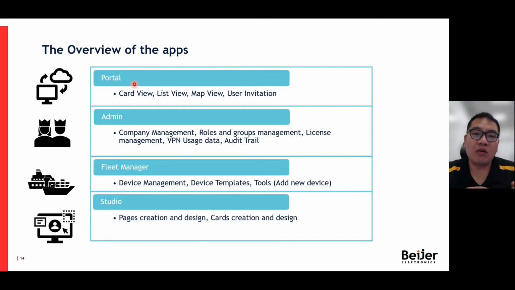If you have watched the video on how to add a router into your system, the tools is probably the first place you have to visit to create the router configuration. And then finally, we have the Studio app. The Studio app is where you create the different pages and also different cards. We will do a slightly more detailed explanation in the following parts of this video to talk about the different smaller points that we have.